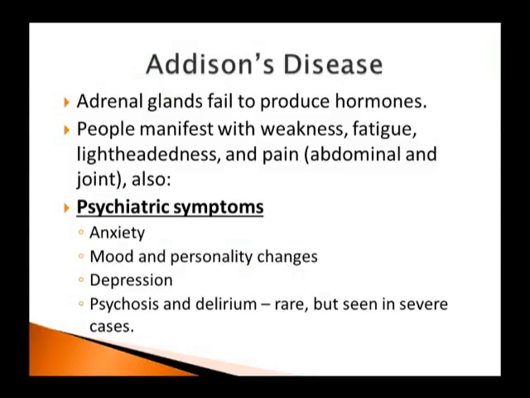Many times there's psychiatric symptoms, depression, psychosis in extreme situations. The reality is that for the vast majority of the public, they're not walking around in a state of Addison's disease. The vast majority of people are walking around with some level of adrenal insufficiency.